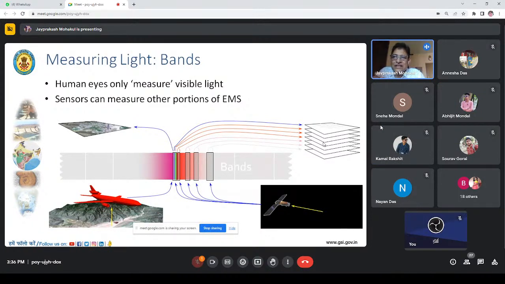So what is in a pixel? Each pixel will have some number, a DN value. Those DN values can represent anything: population density, temperature, pressure. Quite often you see rasters depicting temperature anomaly on the Indian Peninsula, let's say.